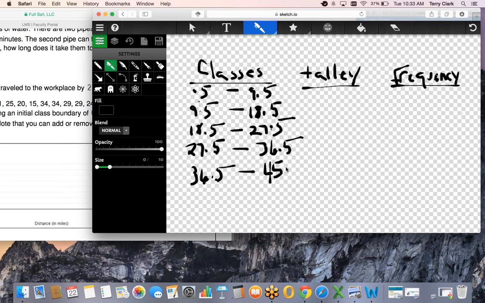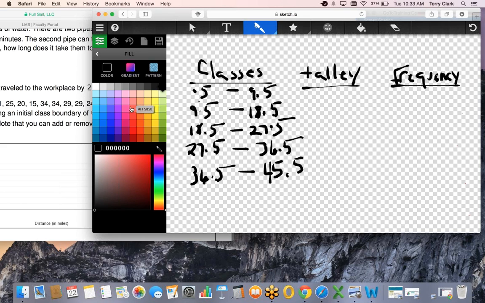And that's correct, because if we check what they told us, they said that we had to have 5 classes. So that's 1 class, 2 classes, 3 classes, 4 classes, and 5 classes.